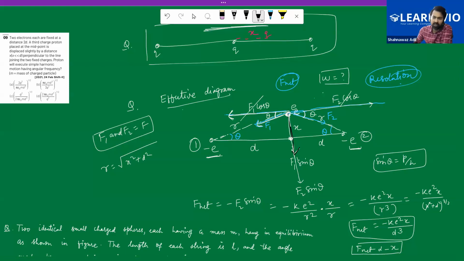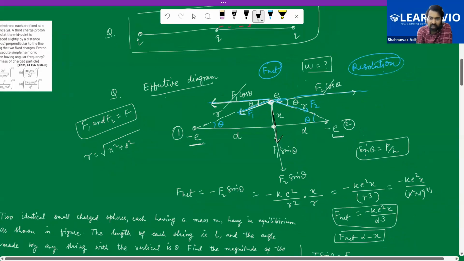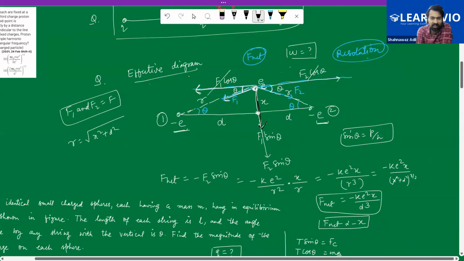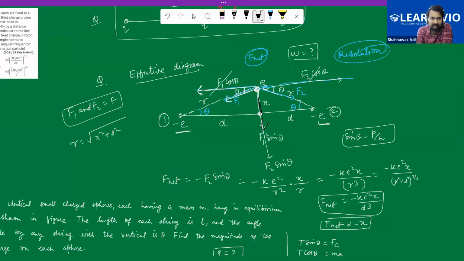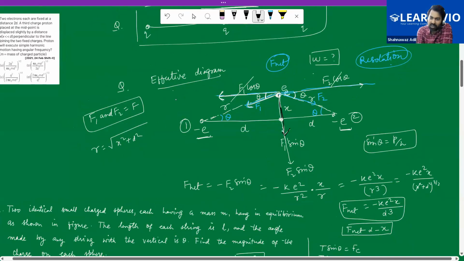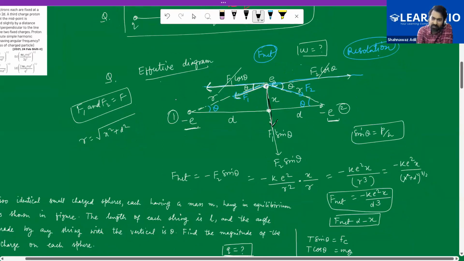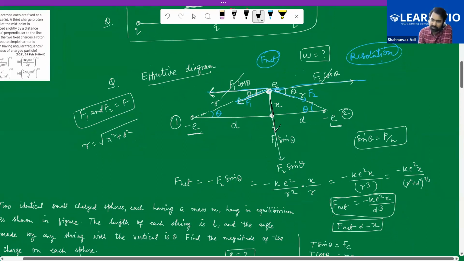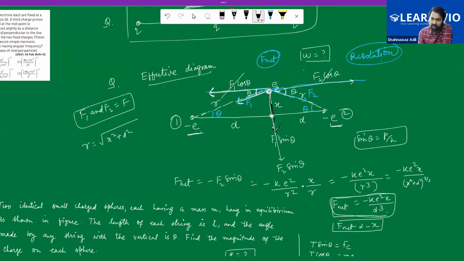Now the question was, we have to find out. I did this question here. I was supposed to give it as your homework, but I got carried away and did this problem. So this is what we got. F net is this thing, and this is showing SHM.